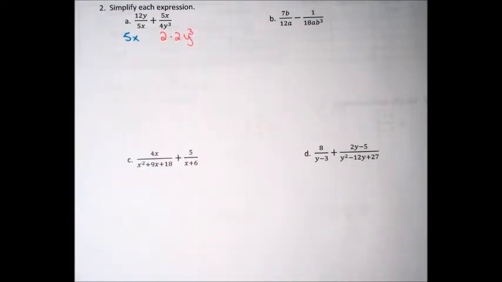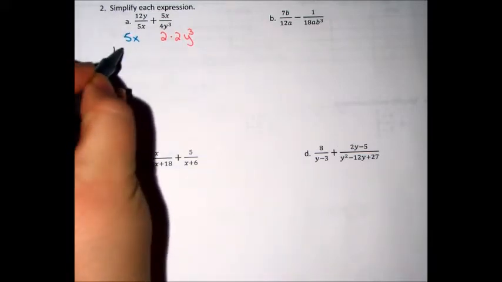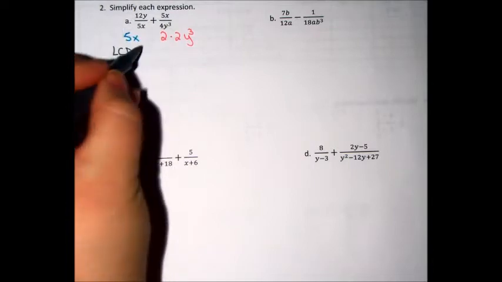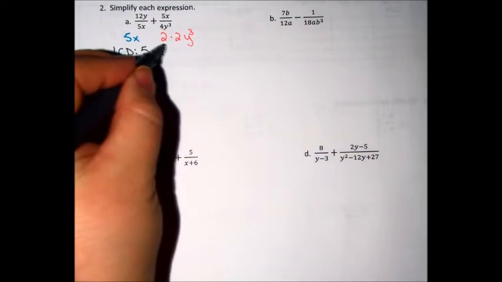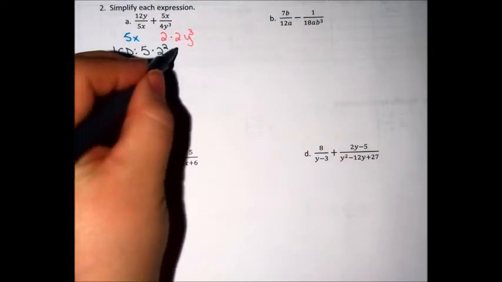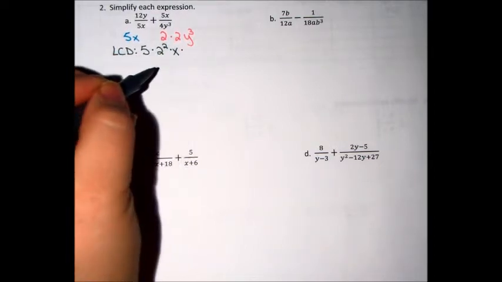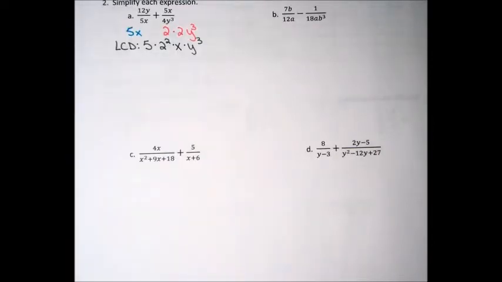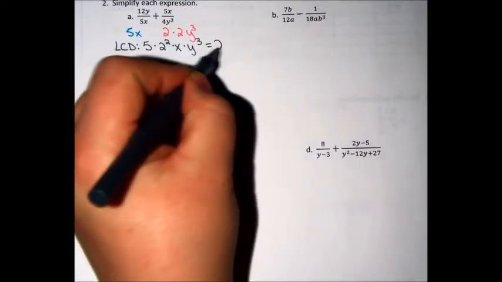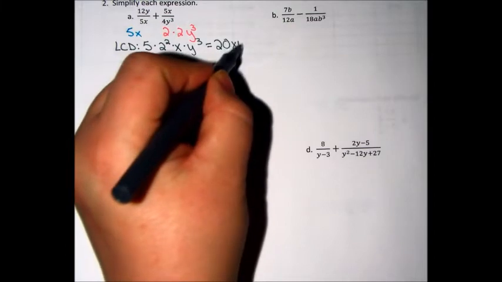So finding the LCD, we ask ourselves which one has the most amount of each of the factors. So we have a 5. Most amount of 2's is 2. Most amount of x's is 1. The most amount of y's is 3. If you want to, you can go ahead and multiply that all together so that it looks nice in the end.